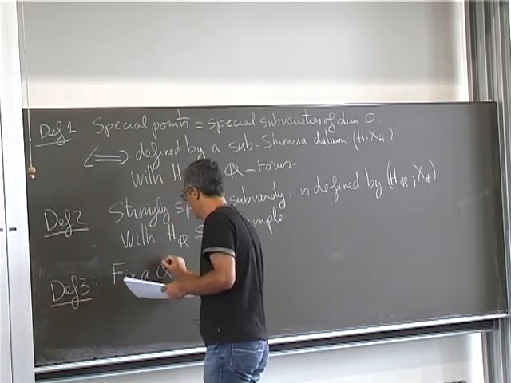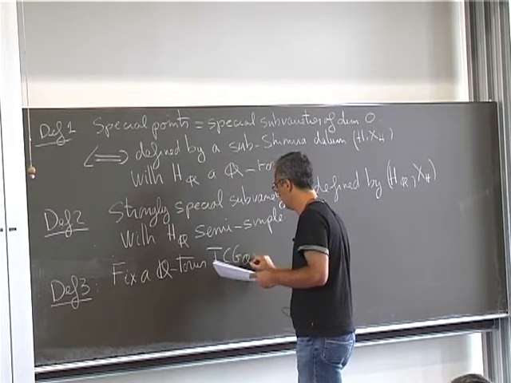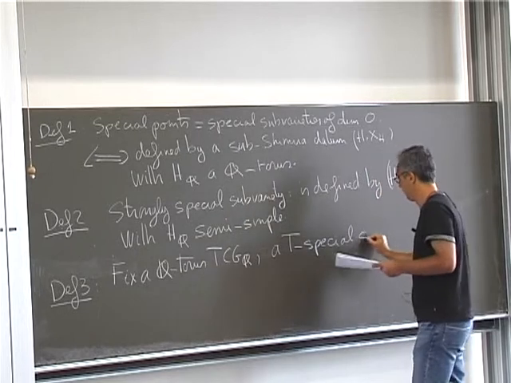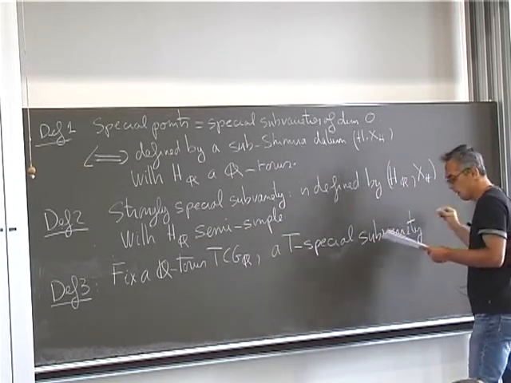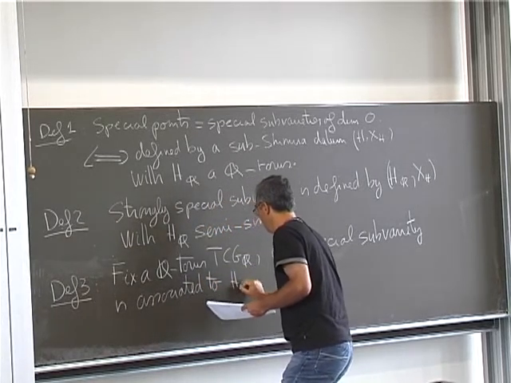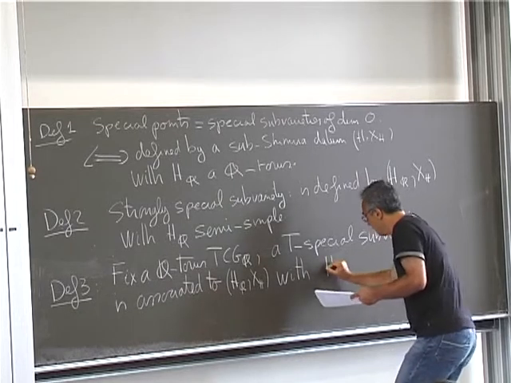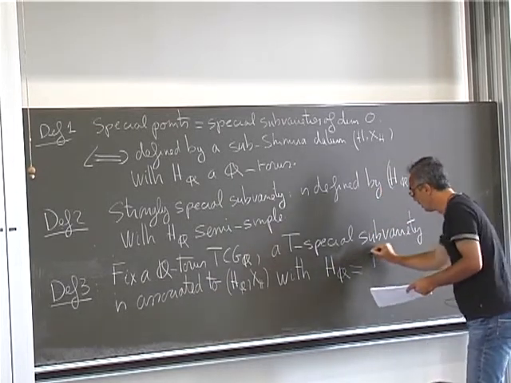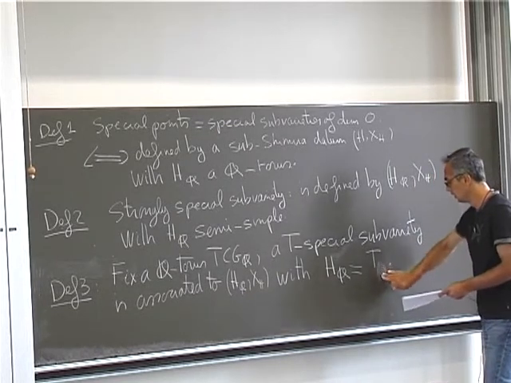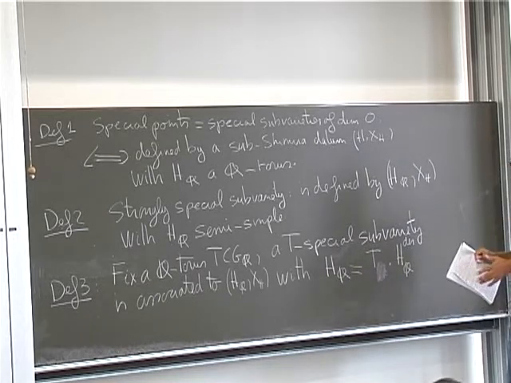Fix a Q torus T, T_Q if you want, inside G_Q. A T-special subvariety is associated to some Shimura datum H_Q, X_H, such that when you write the decomposition of H_Q as a semi-direct product of the connected center by the derived group, the center is T. The connected center is T.